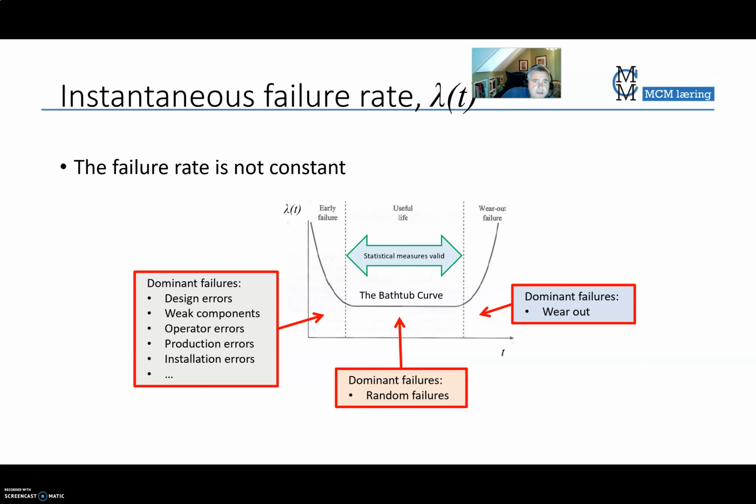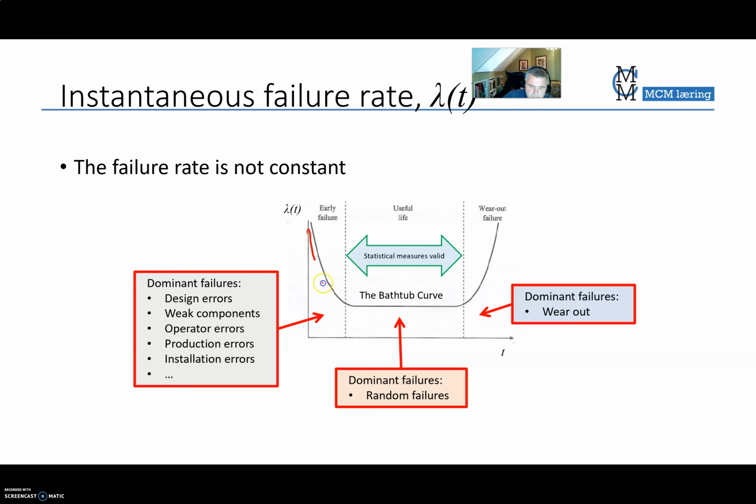The instantaneous failure rate is where you also include the early failures and the wear-out failures. The mean failure rate that we talked about in the previous slides is actually in this section here, where the failure rate doesn't change very much. For most systems, you have a so-called bathtub curve of the failure rates.